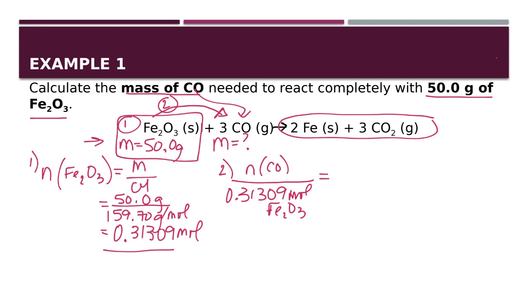Remember that the other side of the mole ratio are the coefficients. So I have carbon monoxide in my numerator. I write the coefficient for carbon monoxide in the numerator on the other side, and then I divide out by 1 mole of Fe2O3. So I know I'm going to need 3 times the amount of carbon monoxide than whatever amount of Fe2O3 I start with.